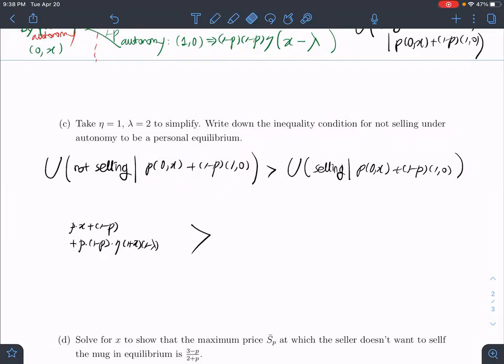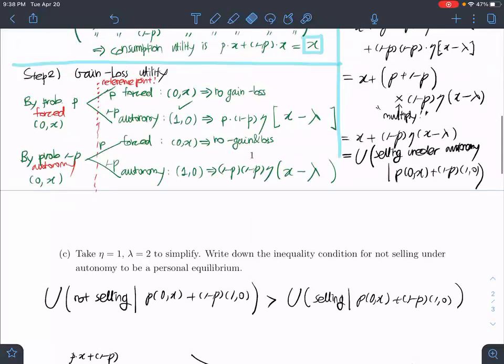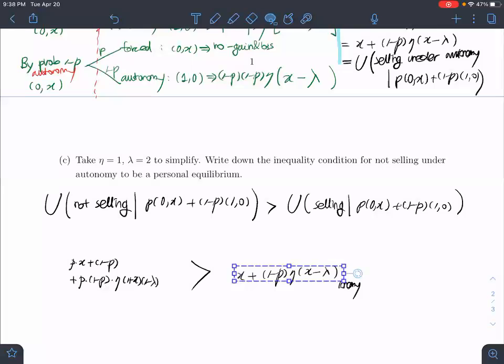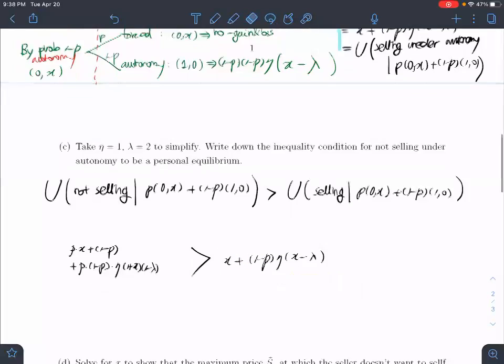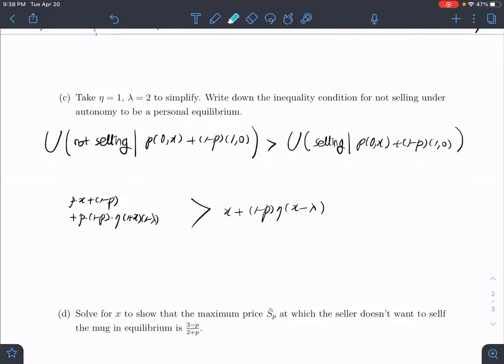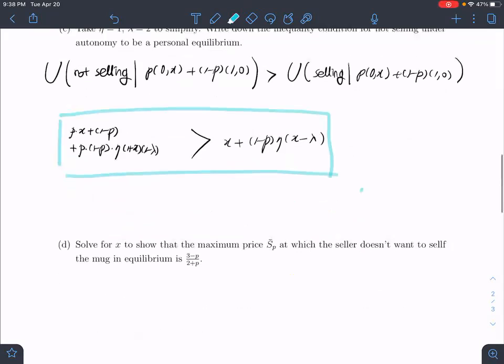And then for the right-hand side, we just copy and paste the answer from question B. It is here. Copy, paste. So yeah, we are done. This is our inequality. Any questions?